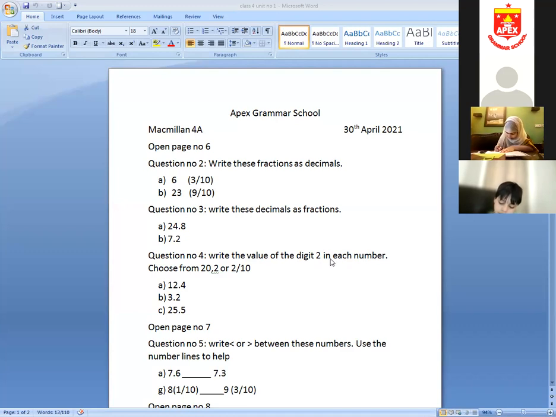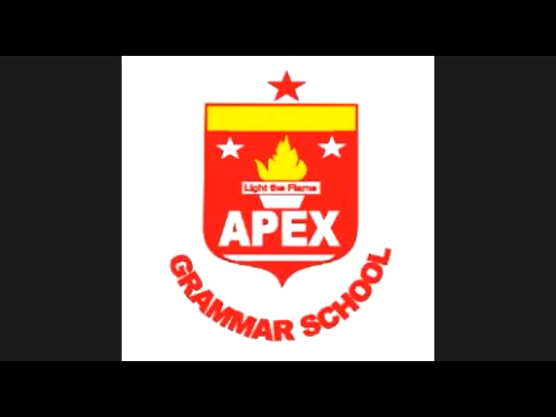Choose from 20, 2 or 2 by 10. We have to answer using these values. So how are we going to do this one? Now look at the board.